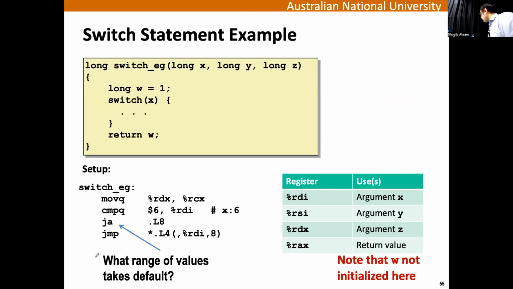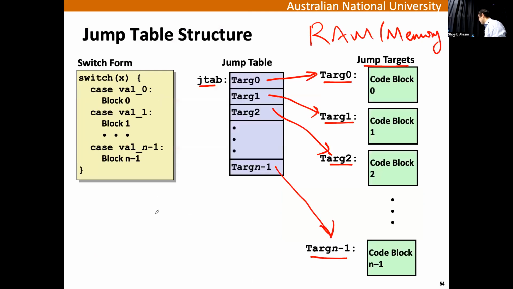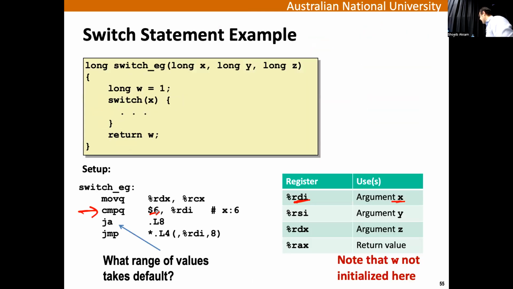As usual, you do the comparison of x, which is in RDI, with 6, because there are 6 cases. And if you are above that range, you jump to the default. Then there's an indirect jump. What is it doing?